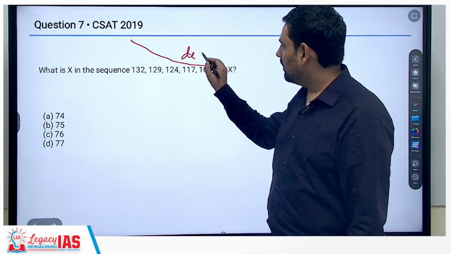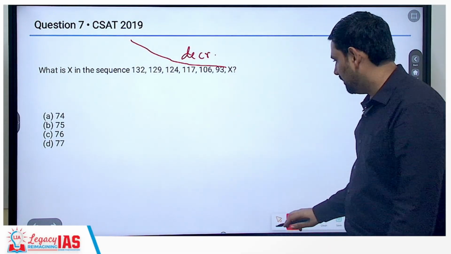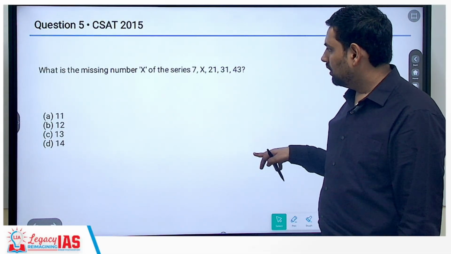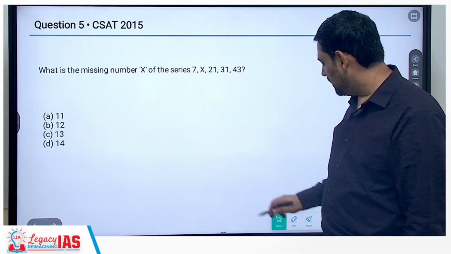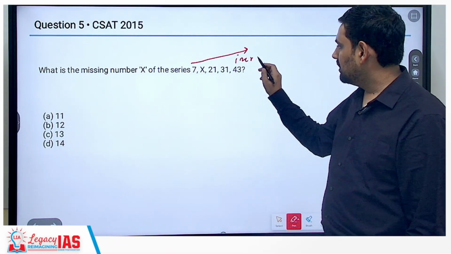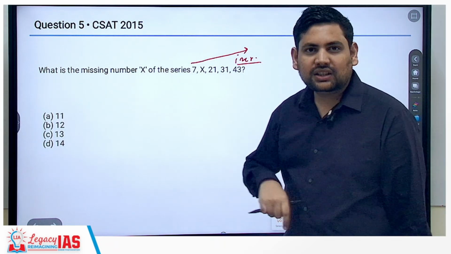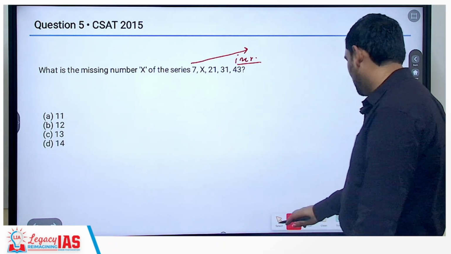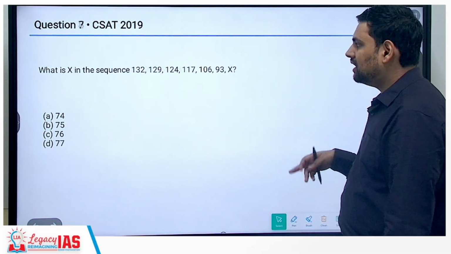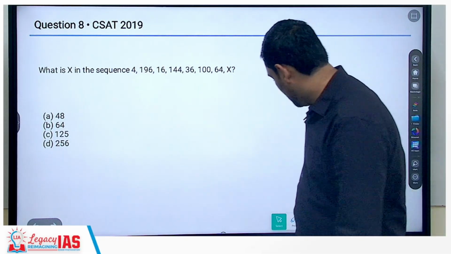So this is actually a decreasing series. Then if you see the earlier one, this one, can you see it is forever increasing? So this is an increasing series. Now when the series is an increasing or decreasing series, then you need to think in terms of plus, minus, multiplication like we were doing before.